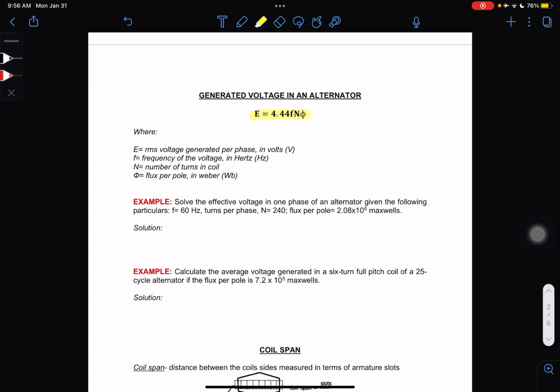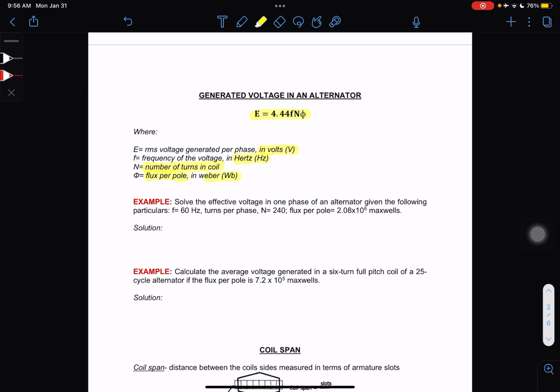So take note that E is the RMS voltage, the unit is volts. F is the frequency in hertz, N is the number of turns in a coil, and angle phi is the flux per pole in Weber.